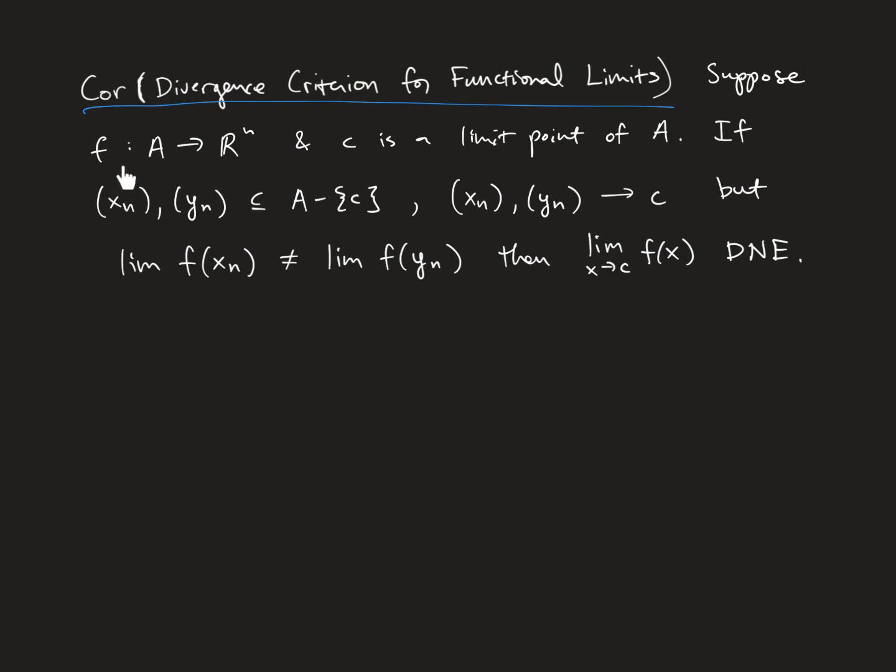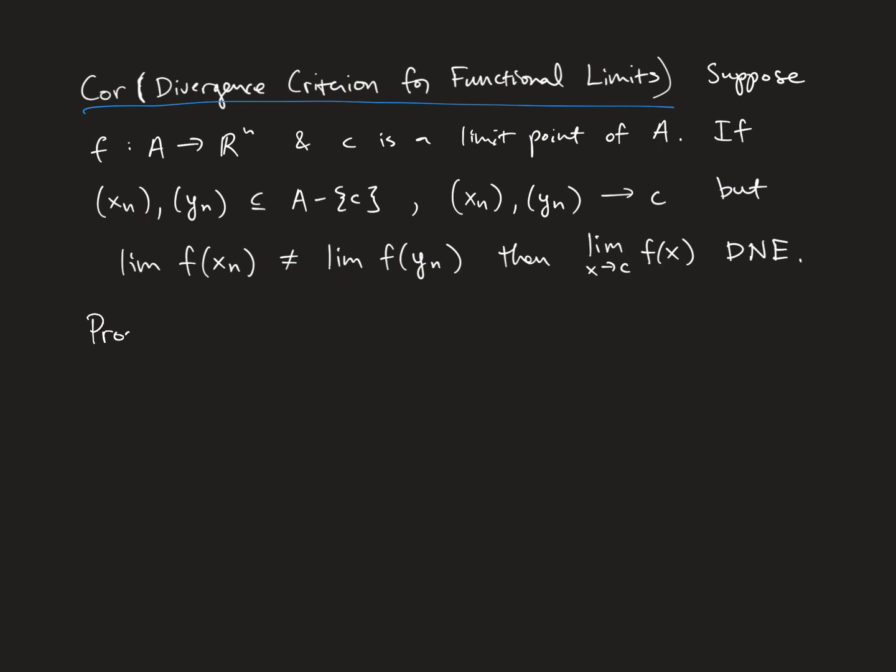So typical setup, we have a function defined on a domain, we have a limit point C of the domain, and suppose we have two sequences in this domain, not equal to C, but the sequences converge to C, and the function values on these two sequences converge to different limits. So if those sequences of function values converge to different limits, then the limit as x approaches C of the function does not exist. And this is just a straightforward corollary.